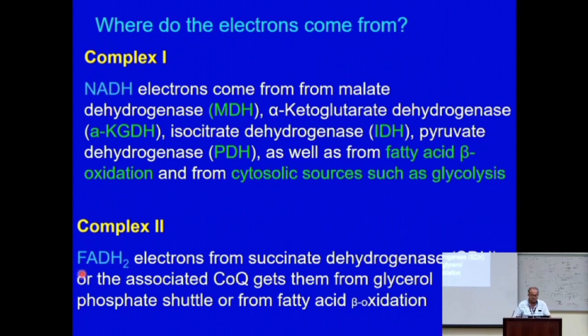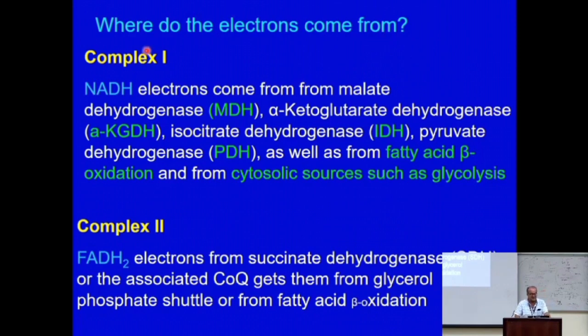Both of these, for the most part, again, underscore most part, are produced in the matrix. The electron transport chain is right adjacent to the matrix in the inner mitochondrial membrane. So they both have access directly to the electron transport complexes.